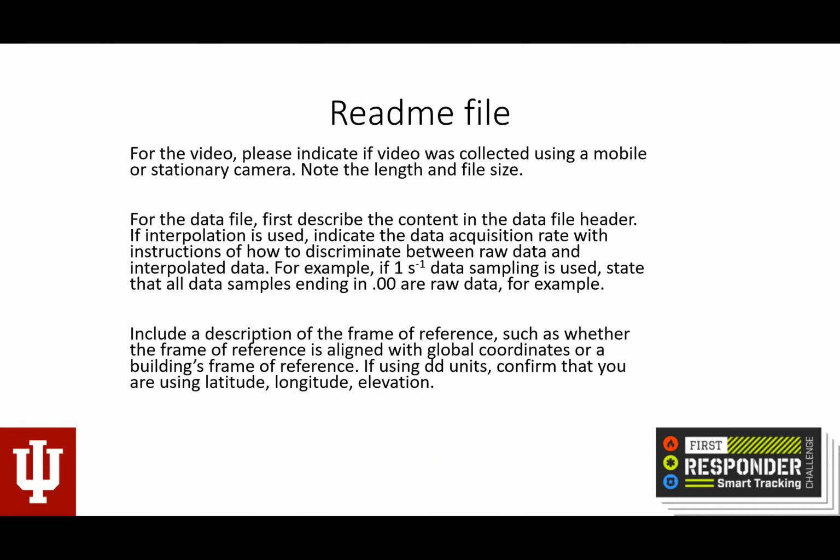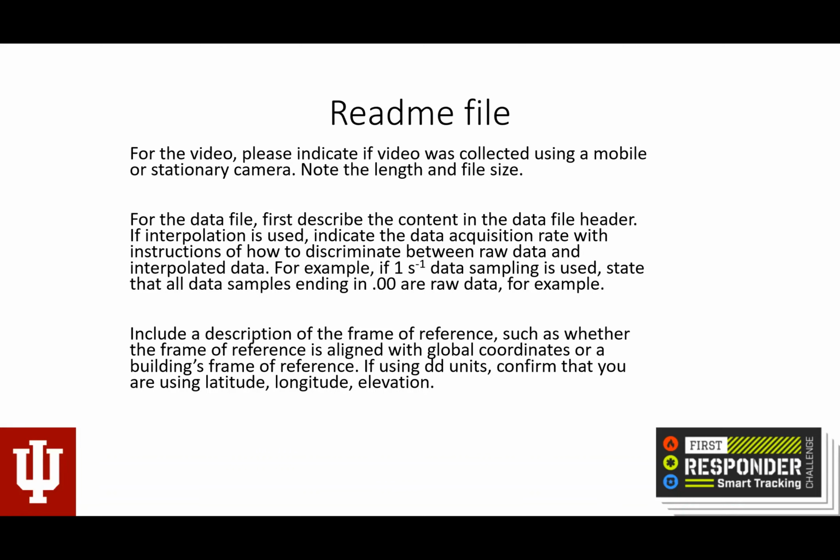Next, the README file. For the video, please indicate if the video was collected using a mobile or stationary camera, and also give some information about the length and file size. For the data file, describe the content and the data file header. If interpolation is used, indicate the data acquisition rate with instructions on how to discriminate between raw data and interpolated data.